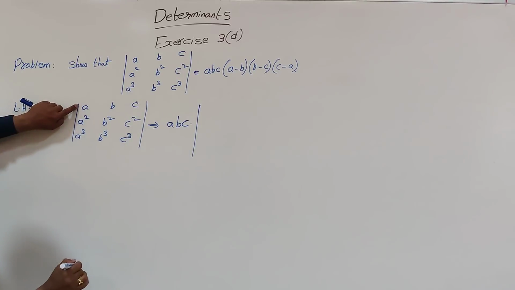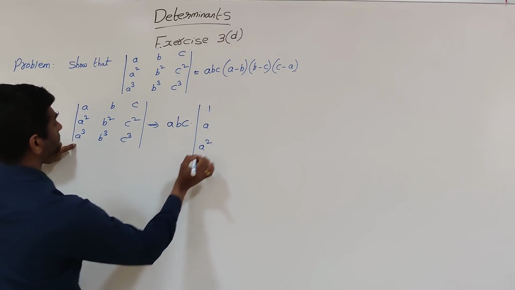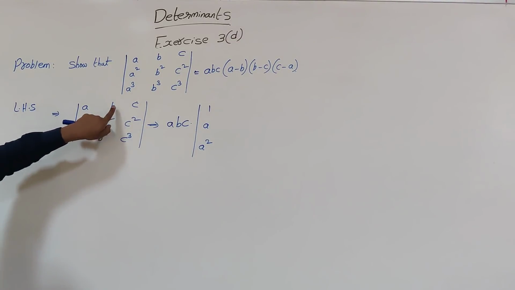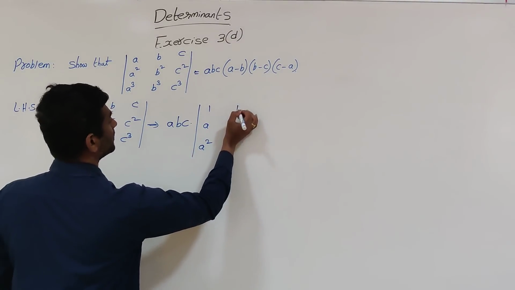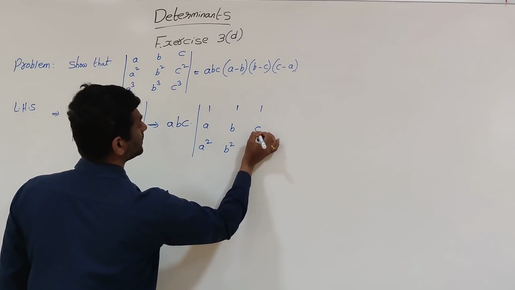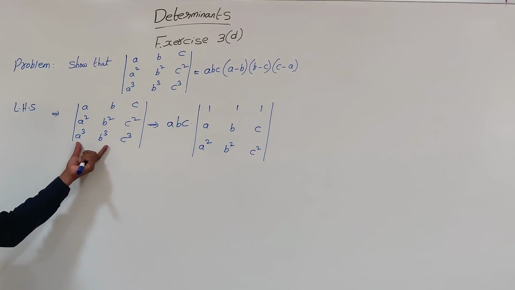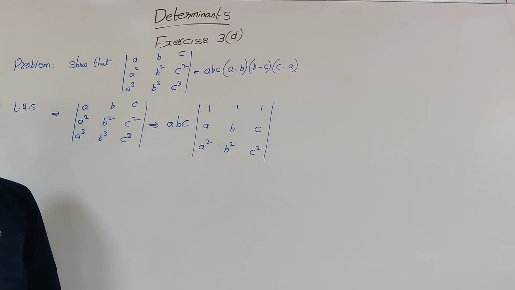If I remove A, it will be 1, A square. From B, 1, B square, 1, C square. So the determinant of this and the determinant of this will be same.